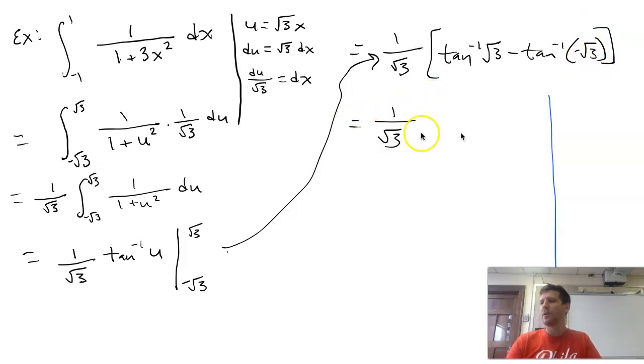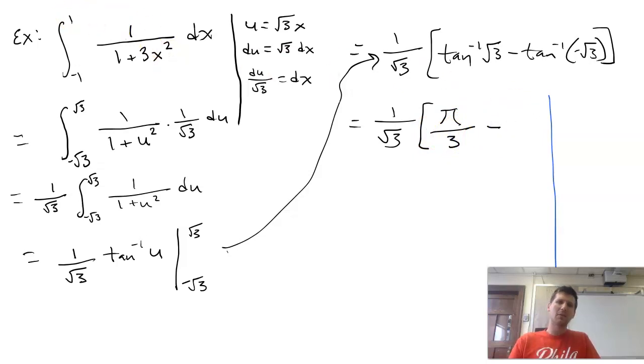So if I were to evaluate the arctan, you could use your calculator, or you could use your knowledge of the unit circle. That's where we have a sine value of root 3 over 2 and a cosine value of 1/2. That would be at 60 degrees, or pi over 3 radians.